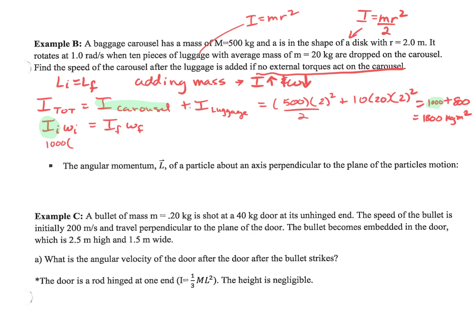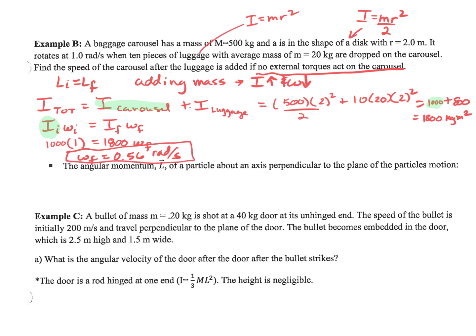It's going 1 radian per second, so times 1 is equal to I final, which we found was 1,800 times omega final. Okay, so 1,000 divided by 1,800. So 0.56 radians per second. So that was pretty easy to find.